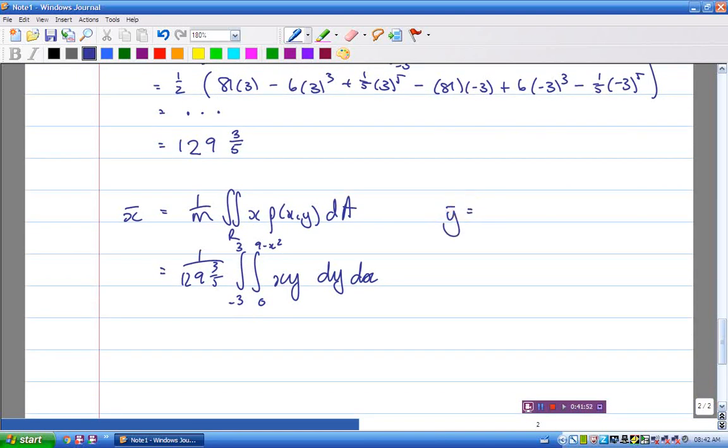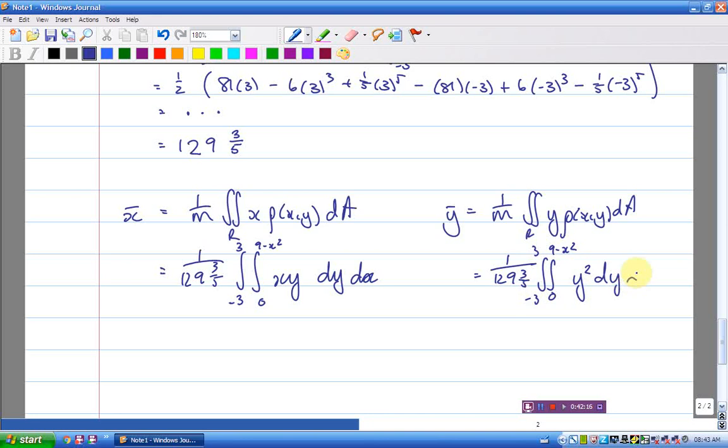The y center of mass will be very similar, with y squared dy dx. Okay, all right, and then you work that out.